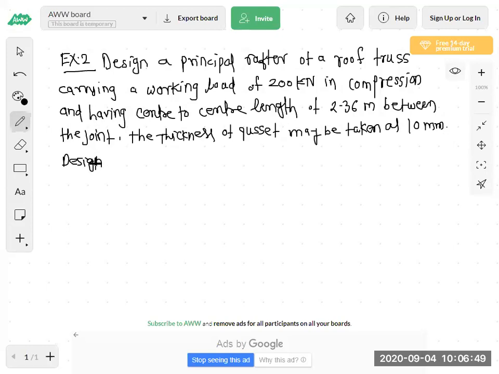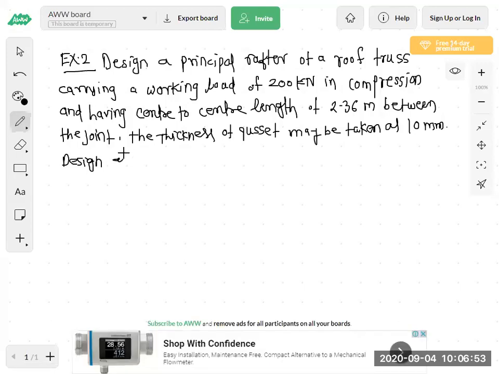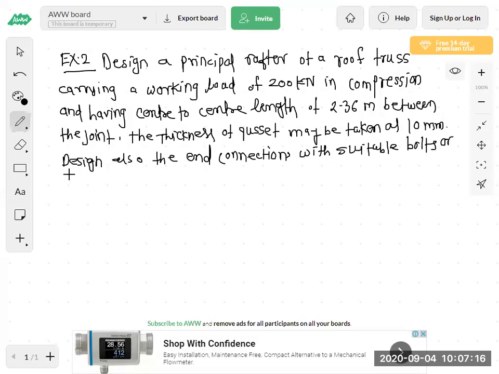Design also the end connection with suitable bolts or weld.